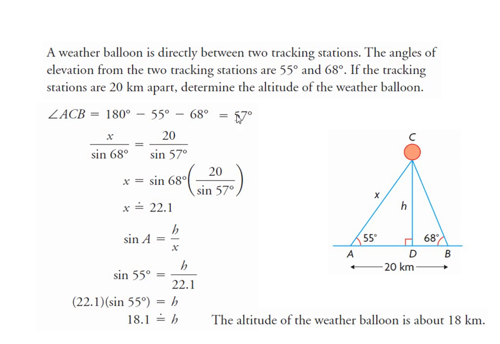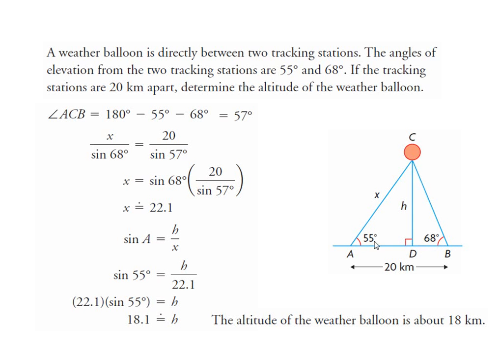And the angles of elevation from the two tracking stations are 55 degrees and 68 degrees. So this is an angle of elevation because it is above the ground. So this angle of elevation is 55 degrees, and that one at A is 68 degrees.